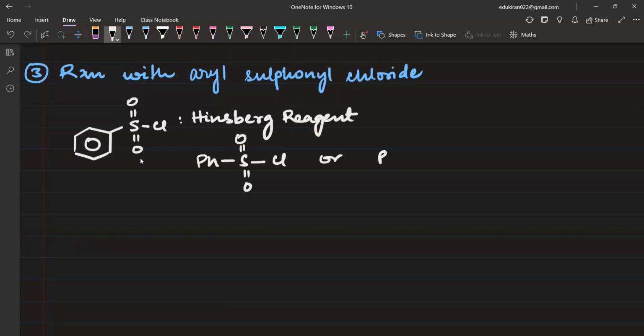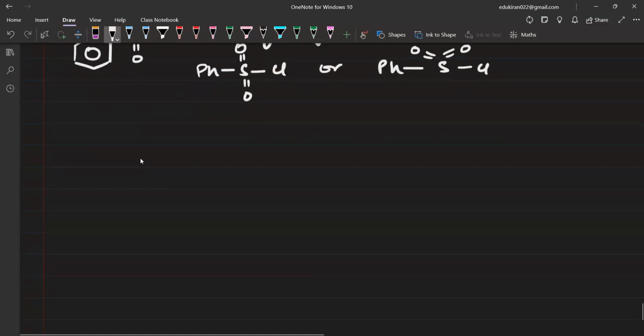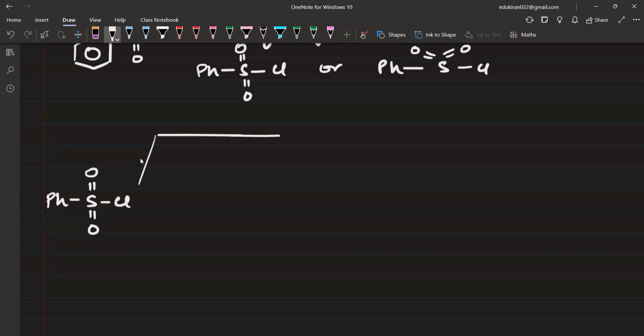You can write it any way using Ph. It is used for distinction of 1 degree, 2 degree and 3 degree amines. First of all, we look at how it reacts with different alkyl amines.